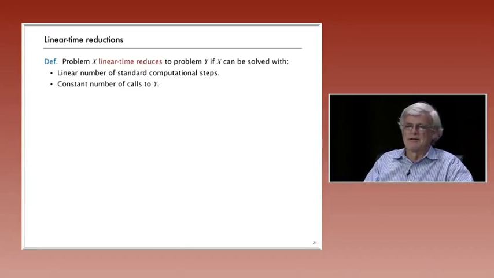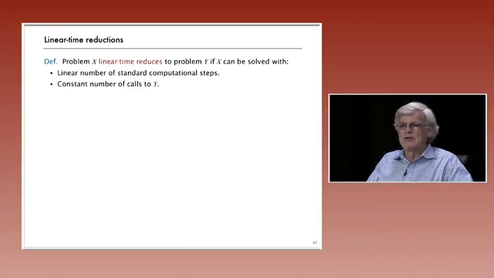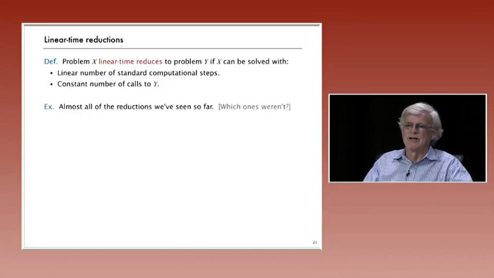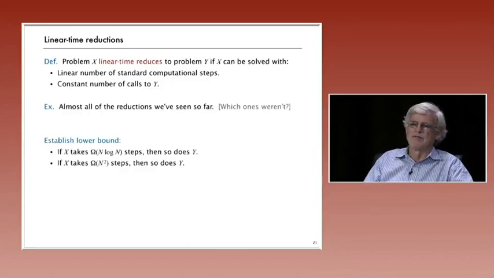And actually, most of the time, like in the examples that we've looked at, we use linear time reductions. So that is, we only use a constant number of calls to y, and we use just a linear number of steps. Usually we're going through everything in the input and the output to do some kind of conversion. And that's what we've done in all the examples that we've seen so far.